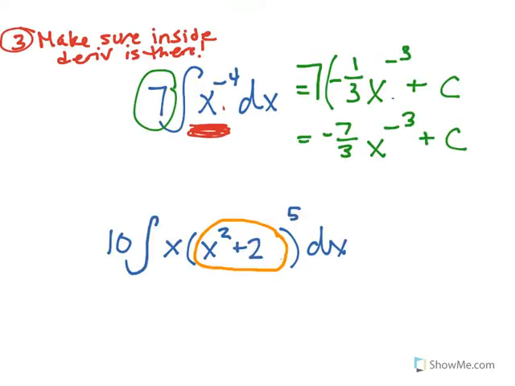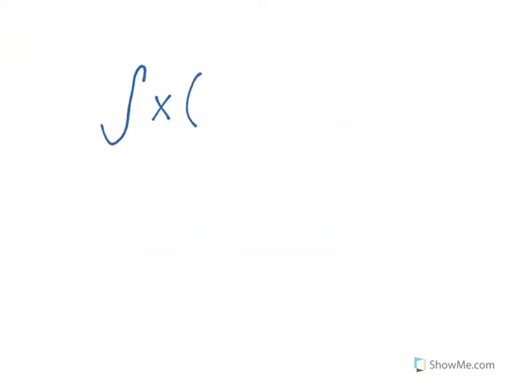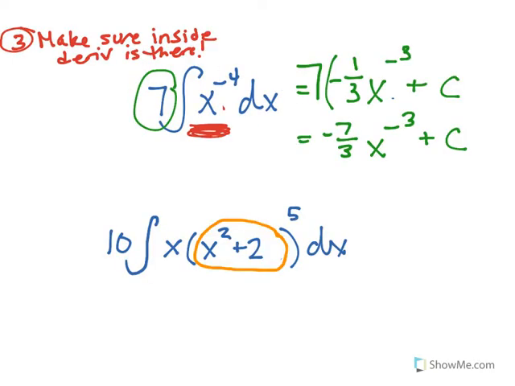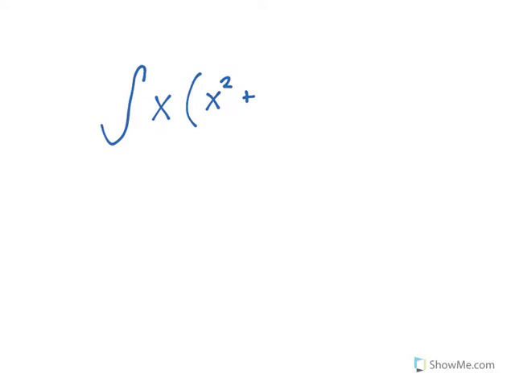Once again, just make sure I'm writing it down right. x squared plus 2 to the fifth dx. So once again, I'm looking at the inside function, and I'm going to write down what the derivative of the inside function is. That would be 2x.